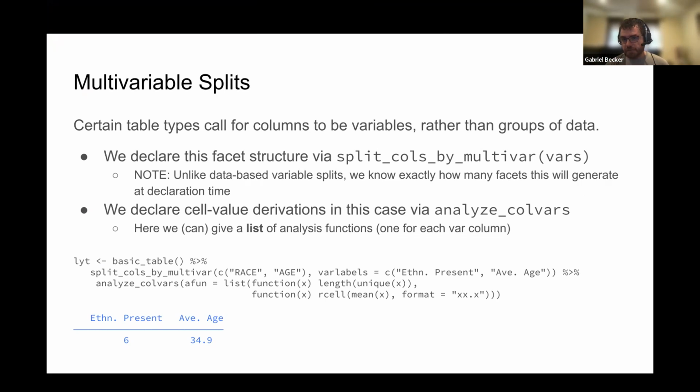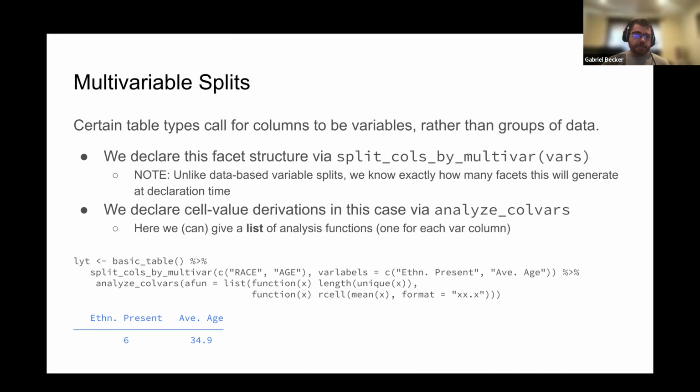But sometimes for certain types of tables, the columns are actually different variables, and you want to analyze each of those variables in a columnar manner, and we support that. So you just do split cols by multivar, and then you specify the variables. And note that we know exactly how many facets there will be by default. You could override that and confuse it, but by default, because we're saying a certain number of variables, that's how many columns there will be. That's how many facets at this stage of the faceting there will be.